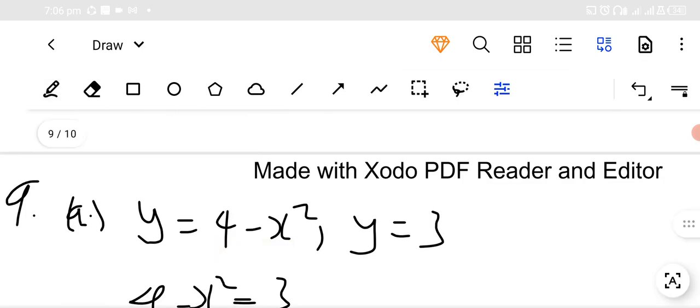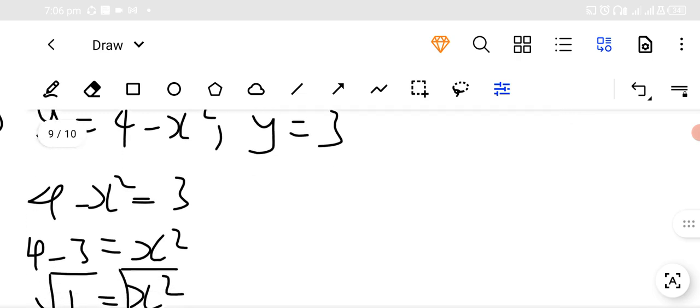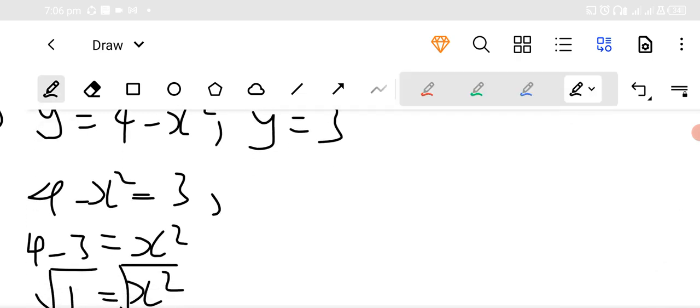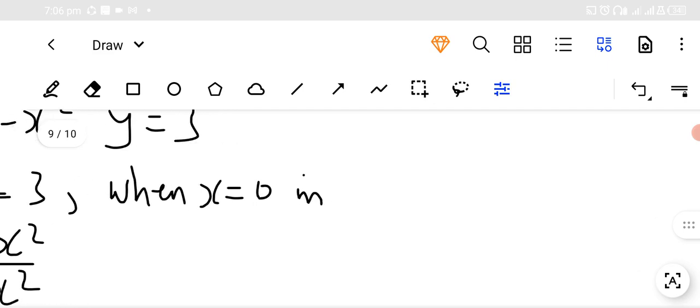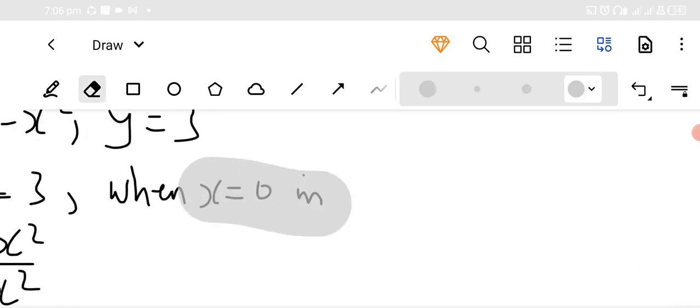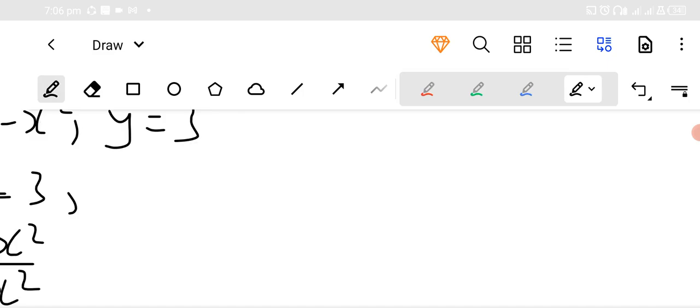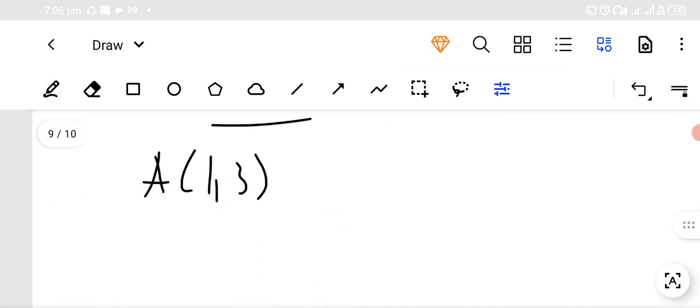Okay, then the next step is to find the coordinates of B. To find the coordinates of B, you say when x is equal to 0 in, so let me not finish up this space. This space is supposed to be used for the volume question. It's quite involving.